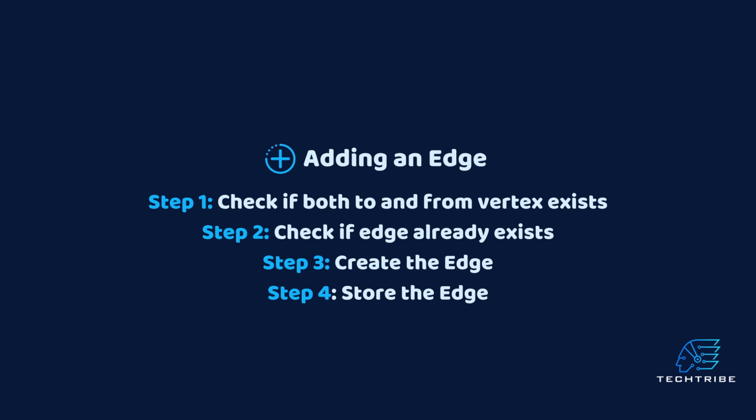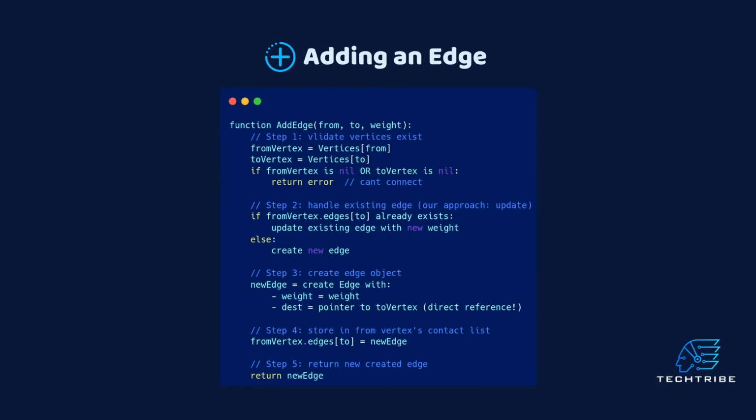Before implementing that in Go, let's see how the pseudocode will look. So the first step is to validate vertices. So we get the from vertex inside our map of vertices on our graph structure. The second step is to handle existing edges. So our approach can be to update an edge.